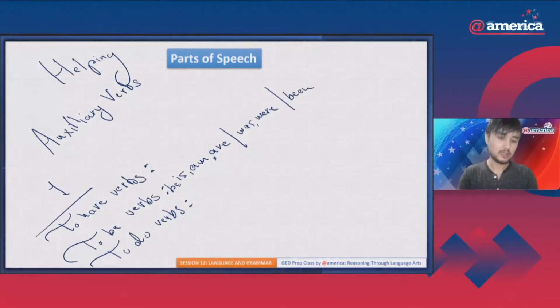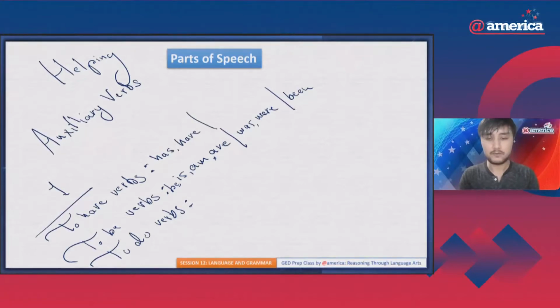To have verbs, we have has, we have have, and for the past form we have had, and also for the past participle it's had.